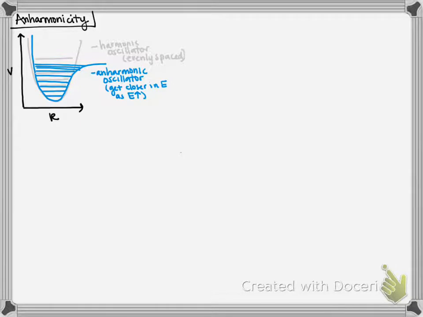And so eventually you get a whole bunch of energy levels clustered together, basically on top of each other, at that dissociation energy or that plateau point. And again, often this dissociation energy is written as capital letter D. So your dissociation energy would be from the bottom of the well, the bottom of your potential energy curve, to that plateau.